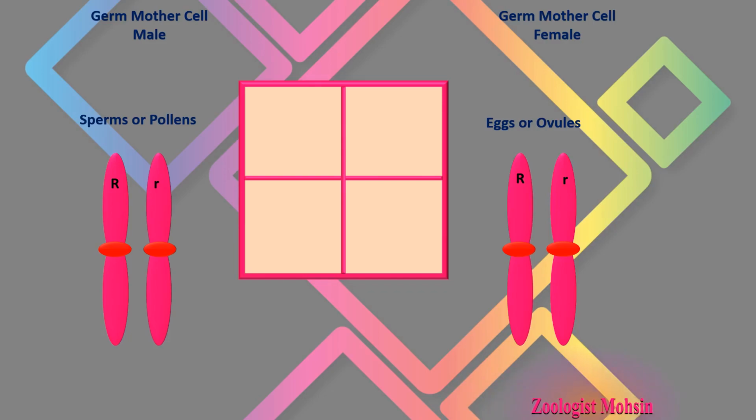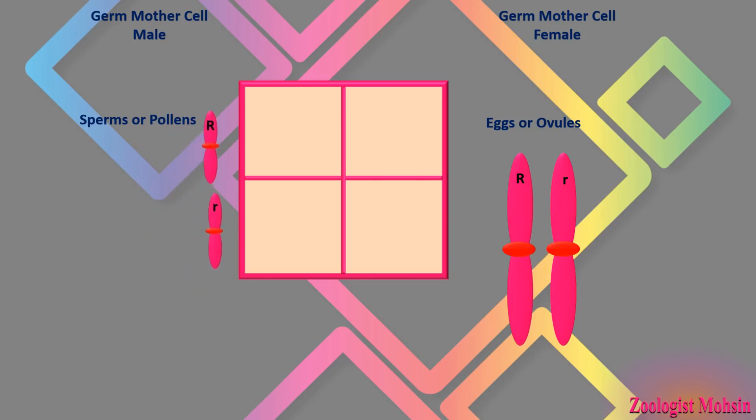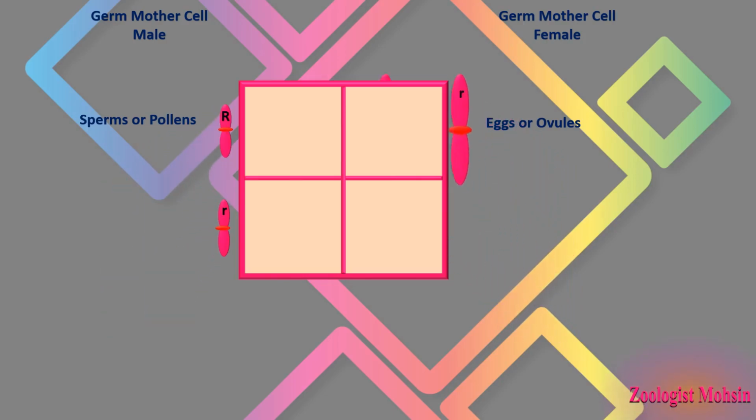Now we have to check the possible combinations of these pollens and ovules with each other. What is the probability of our offspring having the seed either round or wrinkled? We simply take the alleles of a single locus on either side of our Punnett square.